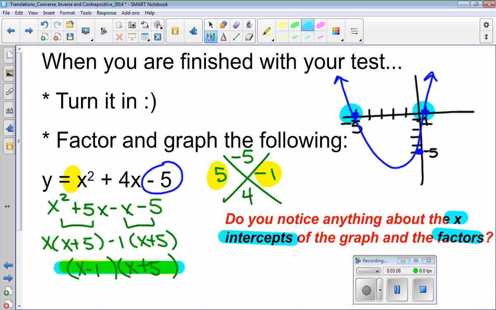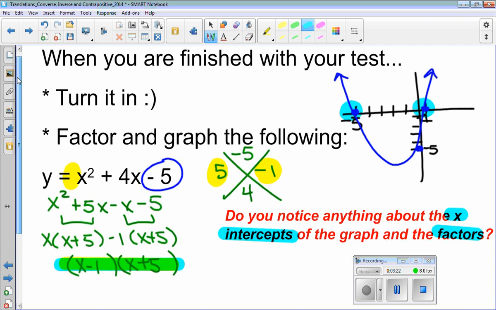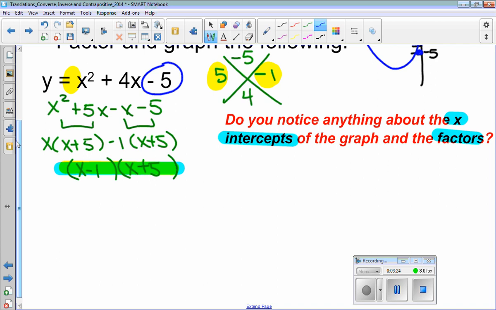So if -5 is an x-intercept, the factor is x plus 5. If the x-intercept is +1, what's the factor? X minus 1.